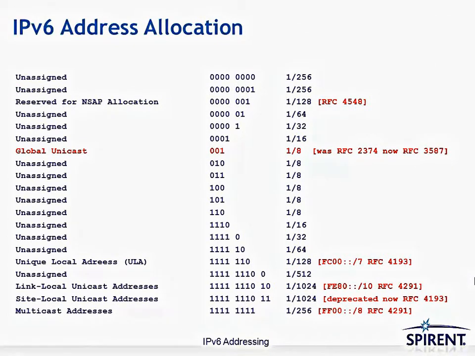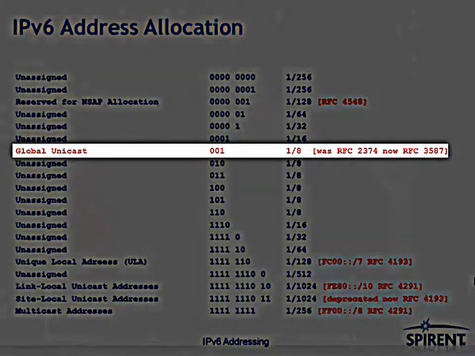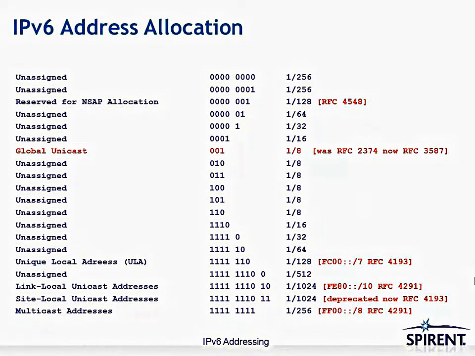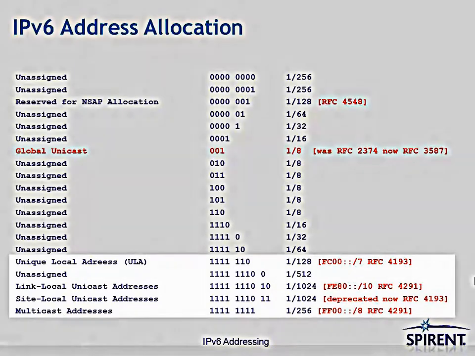So the IPv6 address space is 128 binary bits. And as you can see, there is a block called the Global Unicast block, which starts with 001, which in fact is 1/8 of the total address block available, is what we're currently using to allocate global unique IPv6 addresses today, as per RFC 3587.